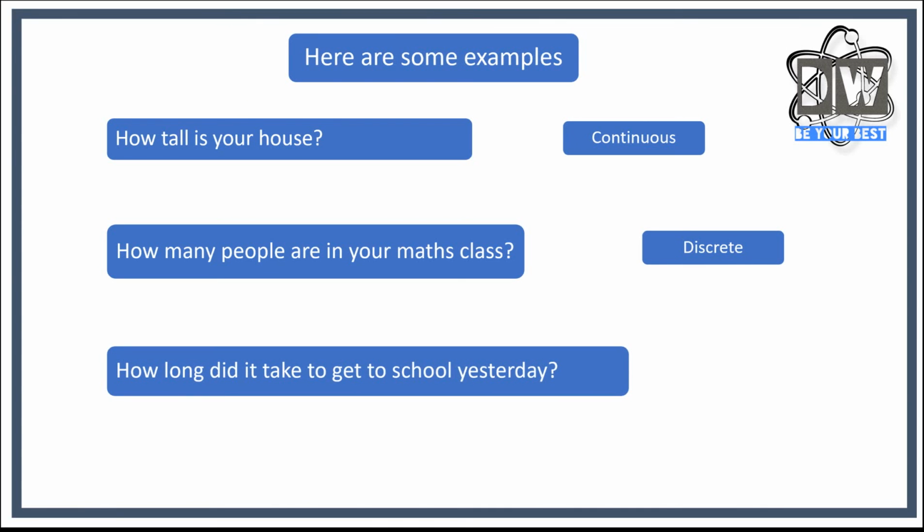How long did it take you to get to school yesterday? Are we measuring that or are we counting it? Arguably, that becomes different. You are counting in seconds, but it's a form of measure, so it's continuous, isn't it? It falls within a scale. Now, if you had to choose between, did it take you 1 minute, 2 minutes, that's a different story, but we're talking about measuring how long it took.